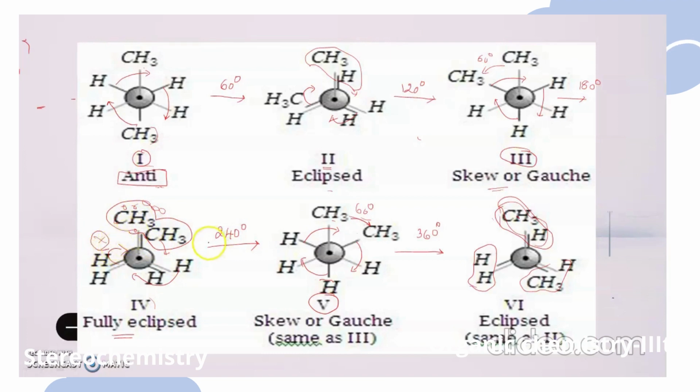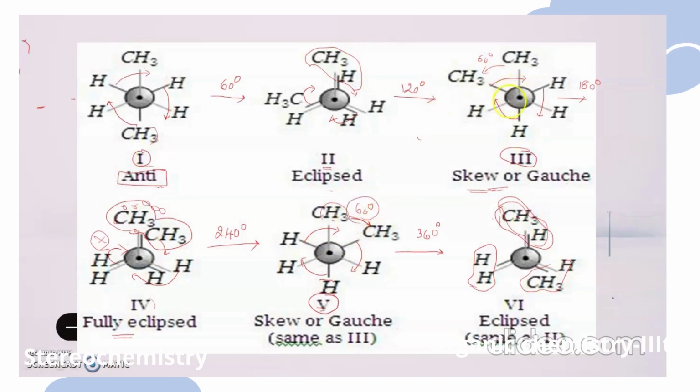And apart from that, when you compare with anti, the next stable structures are the skew structures, which are represented in 3 and 5. Why? Because here the two methyl groups are separated, after anti, by the next maximum distance, that is an angle of 60 degrees.